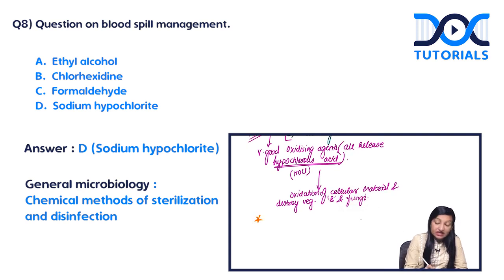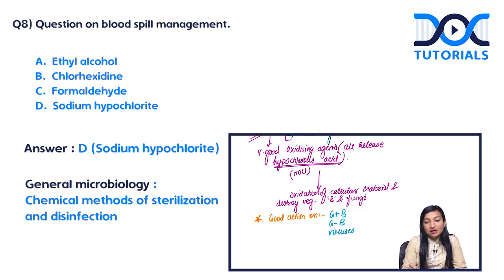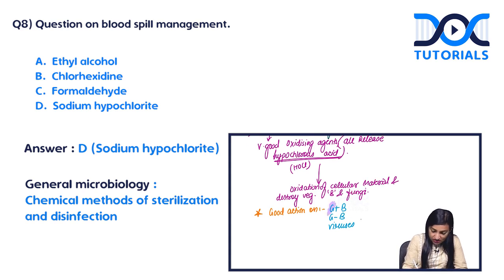Then the next thing which you need to remember is they have got good action on, remember, G plus bacteria, G minus bacteria and viruses. Now guys, there's a reason why I have chosen only chlorinated compounds for discussion over here.